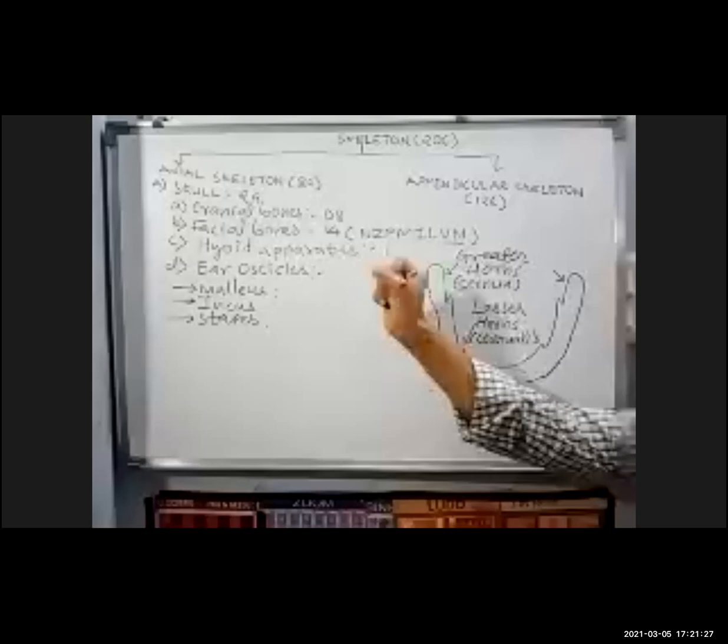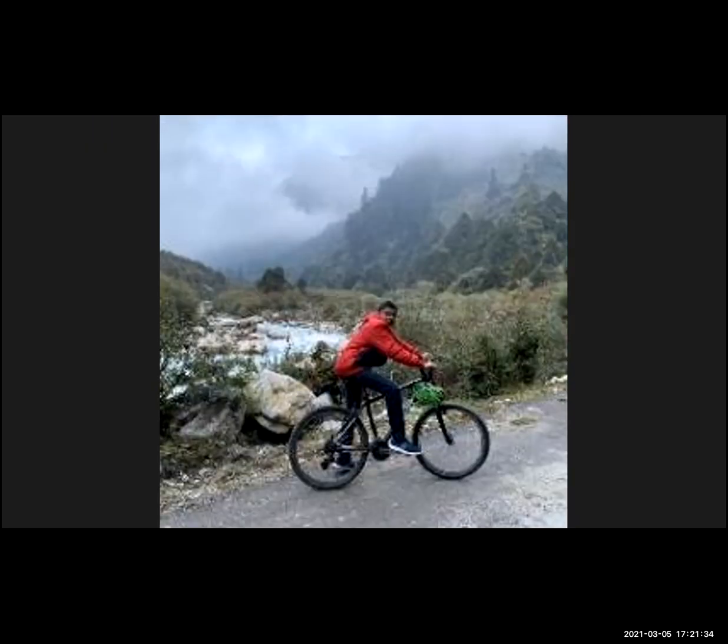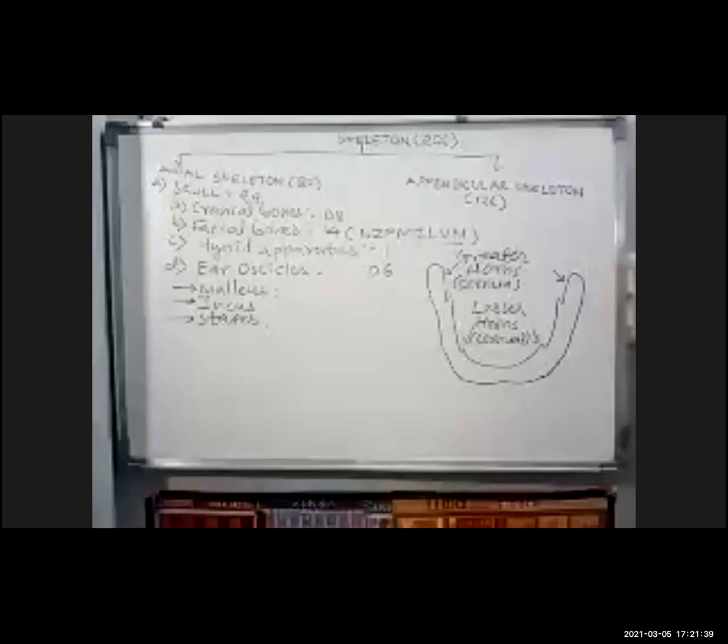This diagram is of the hyoid apparatus only, child. So what is the hyoid apparatus? It is a horseshoe shaped bone which is present at the base of our tongue. You can also say it is situated between the mandible and the larynx. It will give support to the tongue with certain projections which are called horn, cornua.